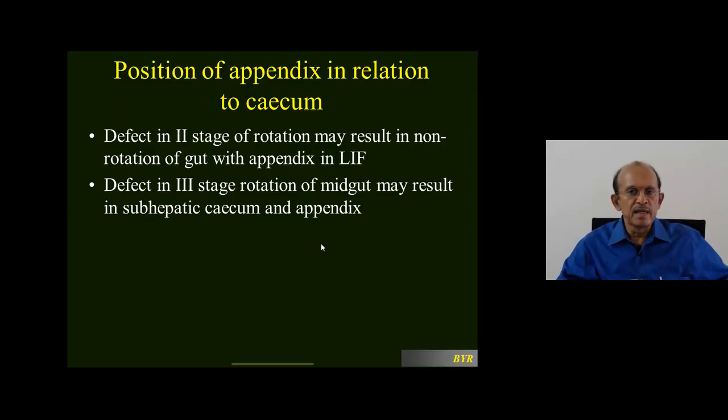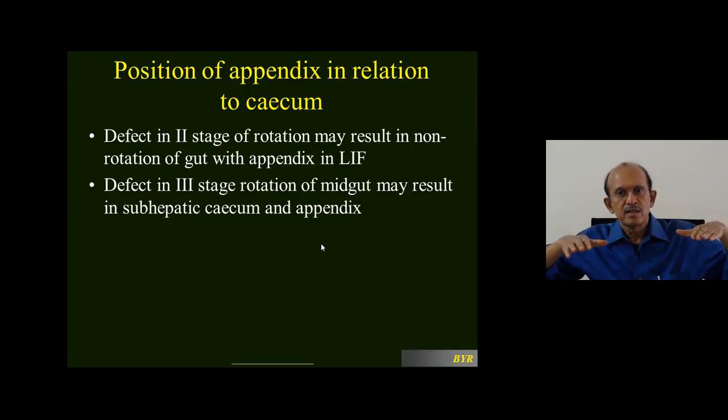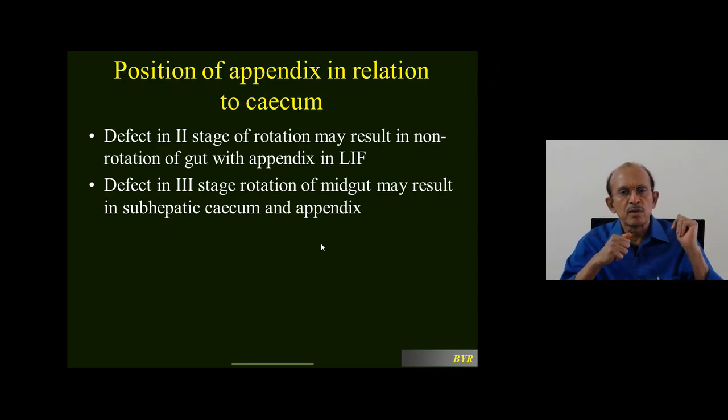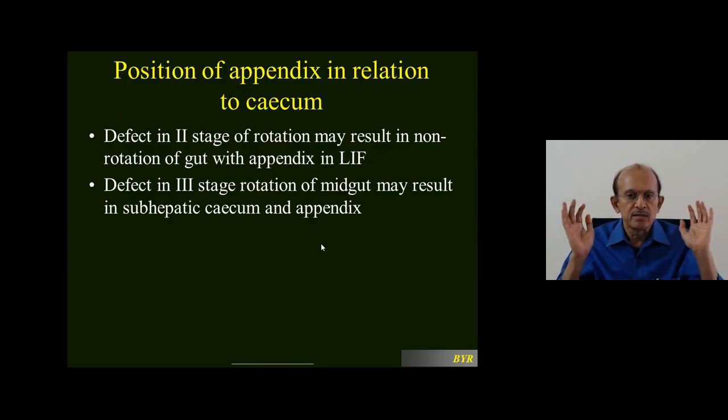There should not be any leakage. So it should be applied on a flat surface. If the surface is curved, like the lateral abdominal wall or flank, you cannot apply the appliance conveniently without spillage or leakage. So the colostomy is done always on the anterior abdominal wall, never on the flank, never on the posterior side. I hope it is clear.